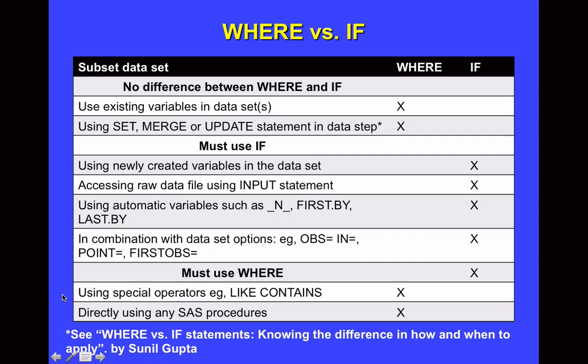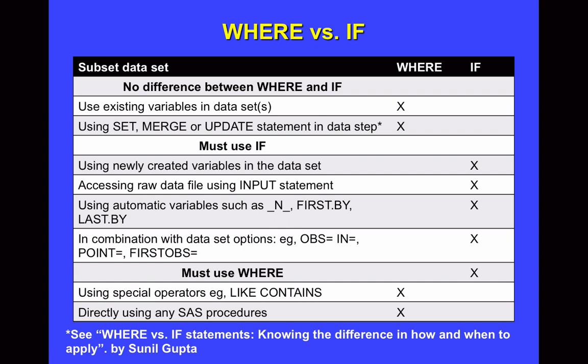And then there are some situations where you must use a where statement. When you're using special operators, for example, or even more commonly in the context of SAS for epidemiological purposes, you might do this when you're directly using a SAS procedure and you want to subset that procedure. For example, maybe you want to run a linear regression only among individuals over age 50.